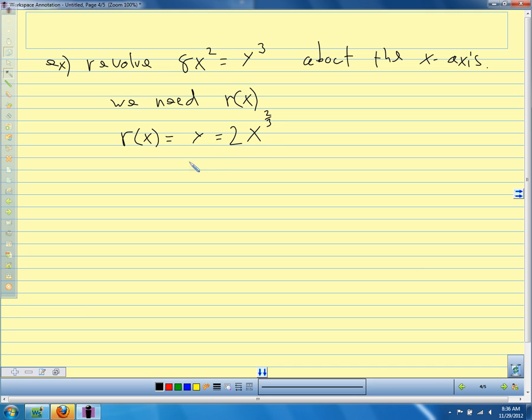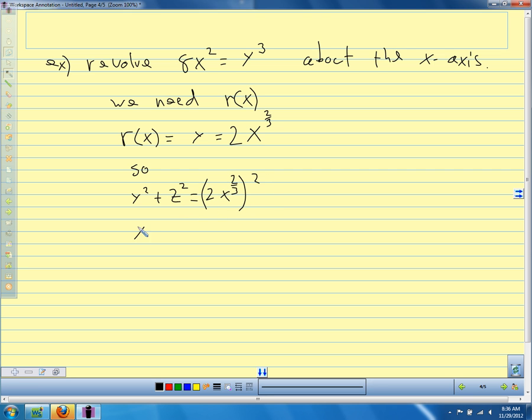So now we can write our equation. y squared plus z squared equals 2x to the 2/3 squared, right?